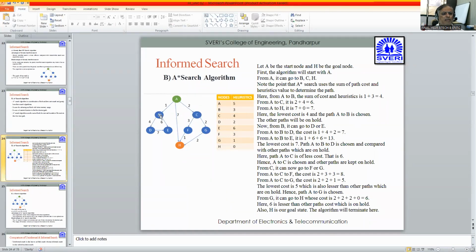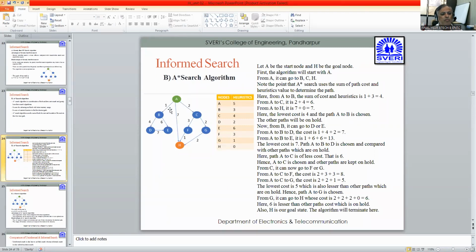So A can go to B, it can go to C, and it can also go to H. So it has 3 paths. From A it can go towards B, from A it can also go towards C, and from A it can also go towards H. So now if we calculate from A to B, the sum of the cost and the heuristics will be A and B. So that will be 3.